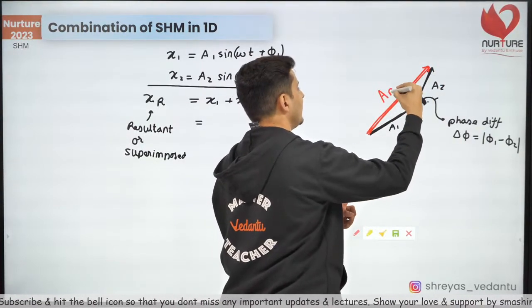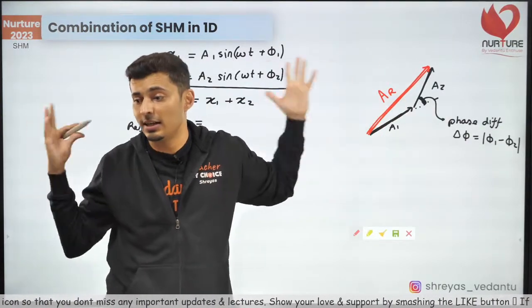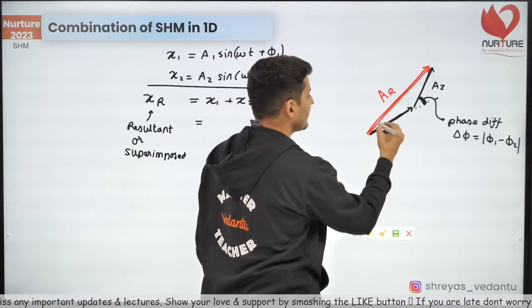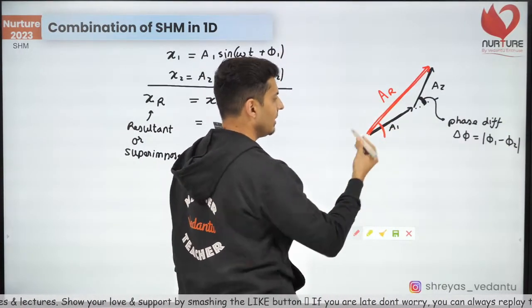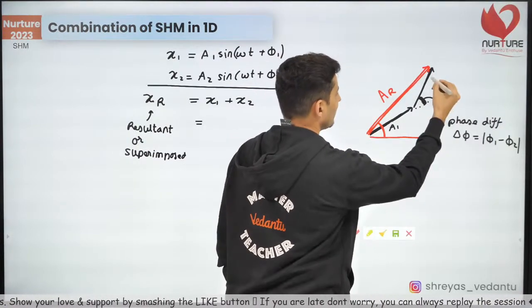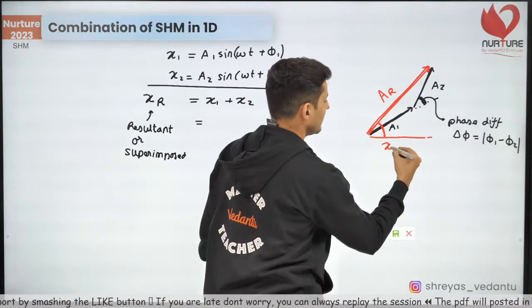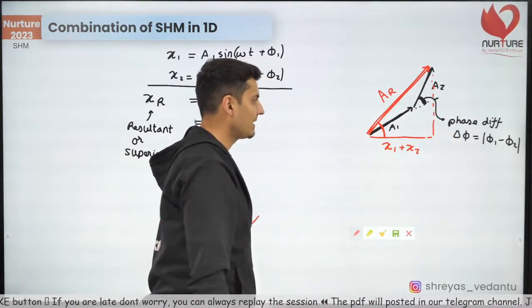Find the resultant vector. You'll find the resultant vector, which can also be called the resultant phasor. That's it. And then whatever this phasor angle will be, it could be some angle, that projection will give you the final value of x1 plus x2. As simple as that.